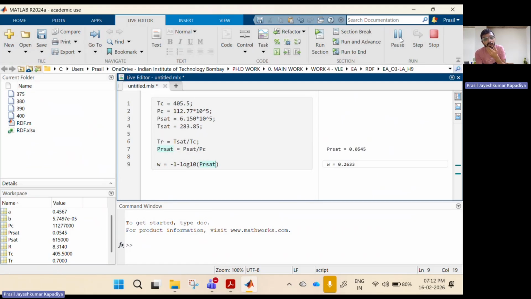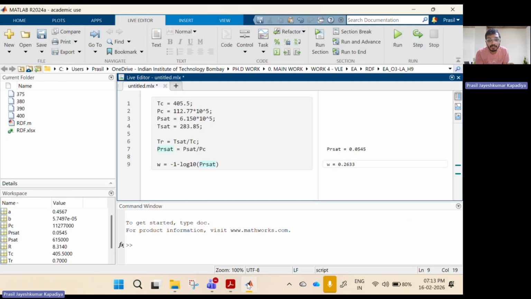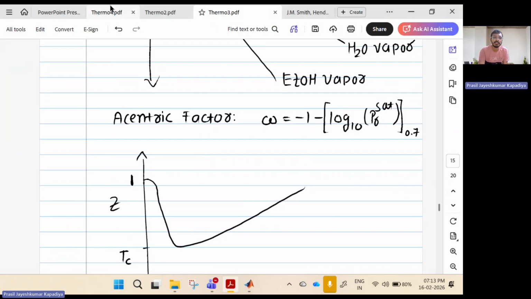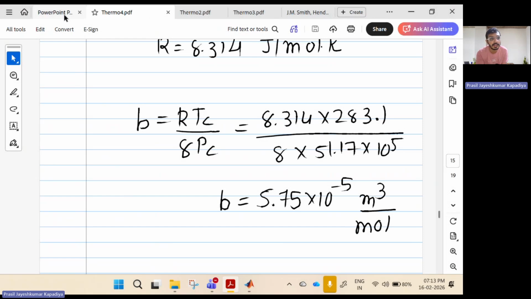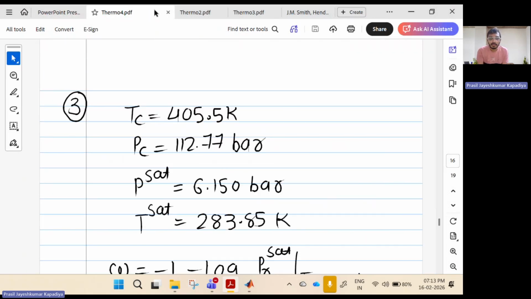Okay, so if I calculate it, it is 0.2633. For whichever gas it is, we are getting our eccentric factor as 0.2633. So this is surely not an ideal gas. Okay, so 0.2633 we are getting.